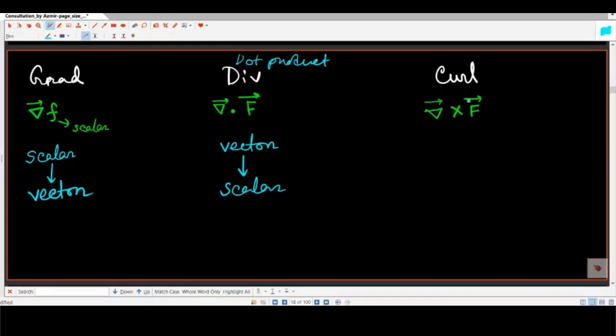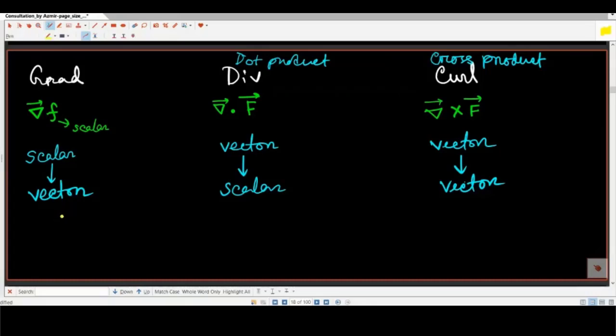So here we have f vector. By using curl, we'll get again a vector. So from vector to vector. So curl can be similar to cross product. We have learned what is cross product and dot product.